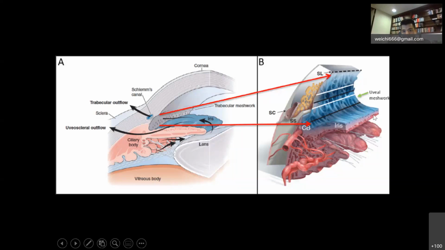So you could see that through the trabecular meshwork, that would be drained out into the venous system, so that our eyeball could maintain a good intraocular pressure. So this is a very intricate process.